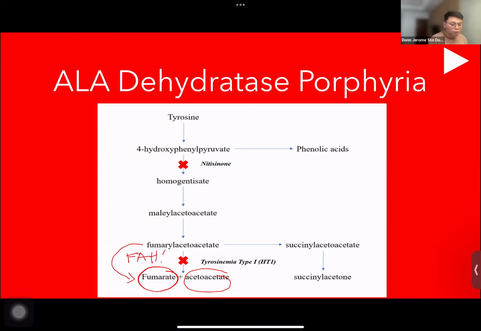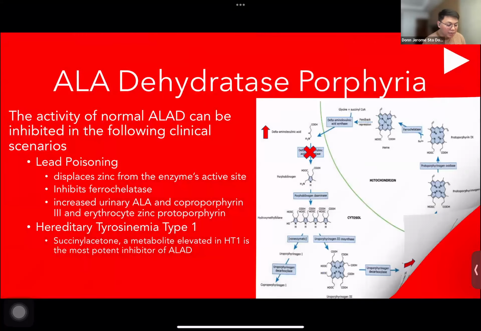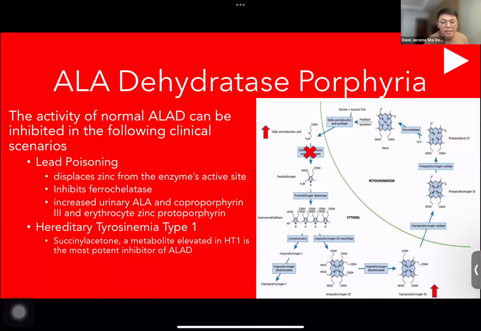So if you cannot convert fumarylacetoacetate to fumarate and acetoacetate, it will be shunted to an alternative pathway leading to an increased level of succinylacetone. Succinylacetone, as you can see on the last bullet, is the most potent inhibitor of ALAD. So in that sense, mamimimik niya ba yung symptoms ng ALA dehydratase porphyria? Yes po, Doc. Okay?